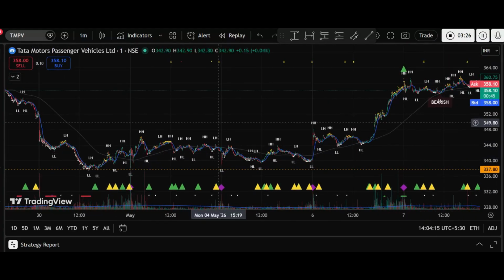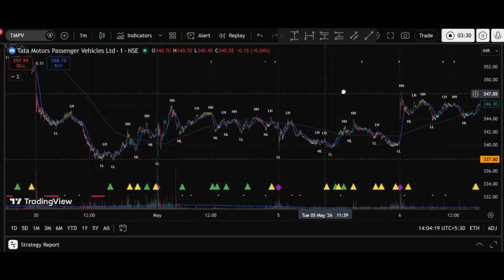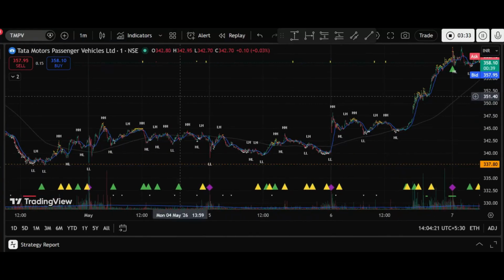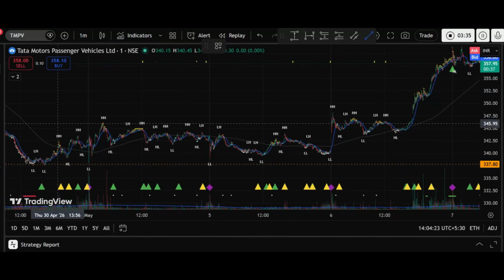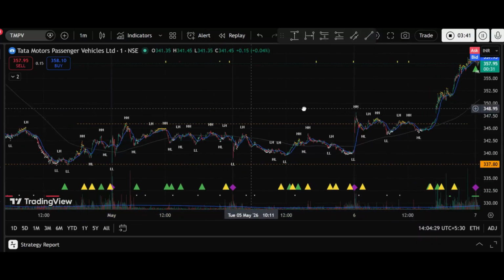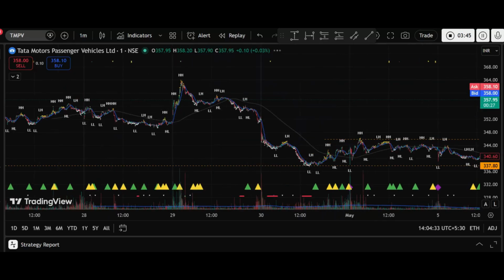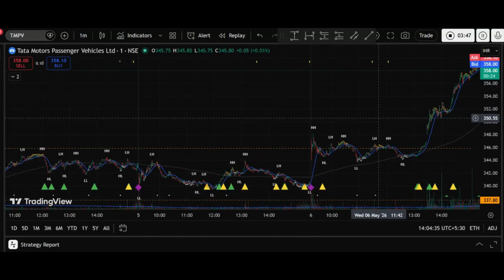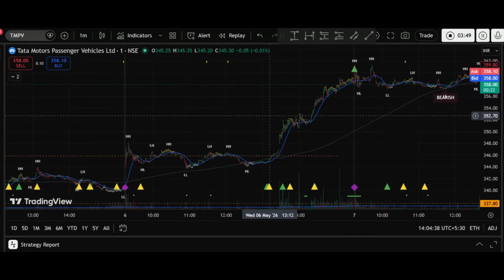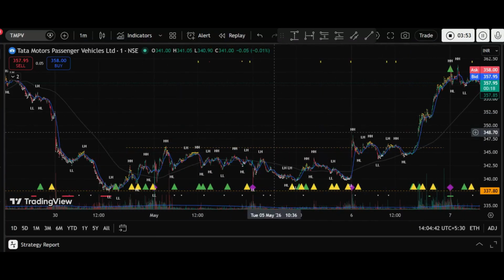Hence, how to get an entry? That depends on what kind of strategy you are invested in, what kind of studies you have been going through while trading or understanding, or what kind of patterns you see in this consolidation zone.